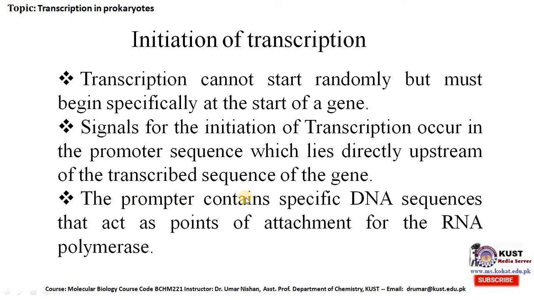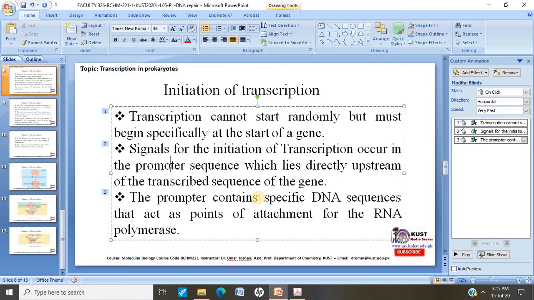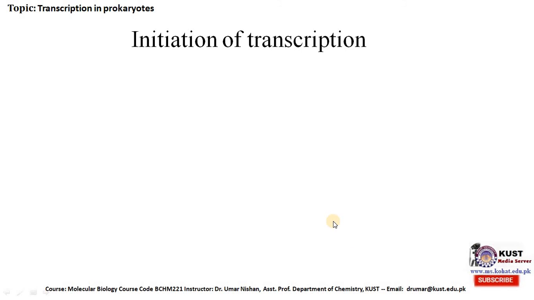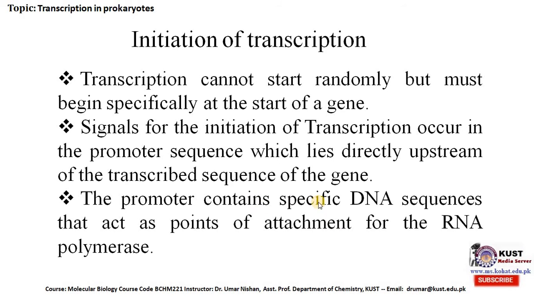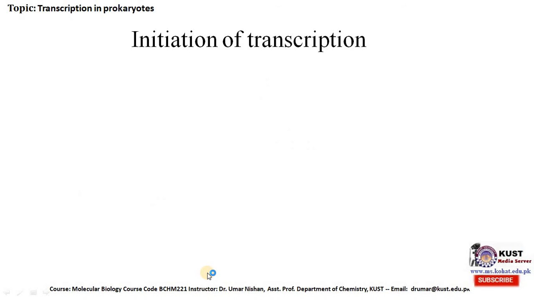The promoter contains specific DNA sequences that act as points of attachment for RNA polymerase. So the promoter region's function is to be the point of attachment for RNA polymerase.